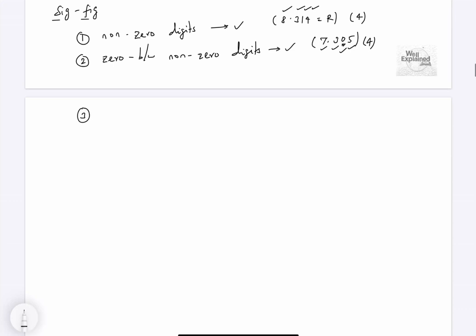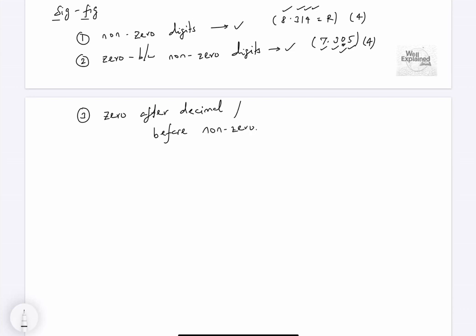Then we have all the zeros which are after the decimal point, but before non-zeros.